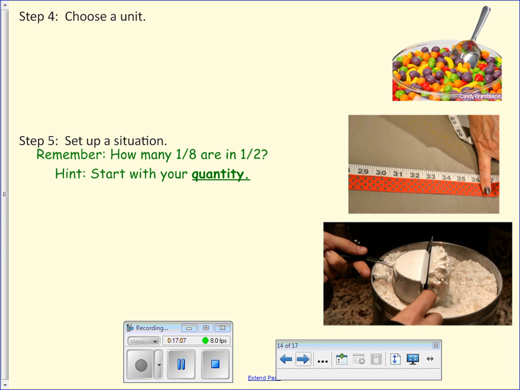What could we use? We could use reindeer food. What do you want it to be? Candy. All right, so we're going to look at pounds of candy.